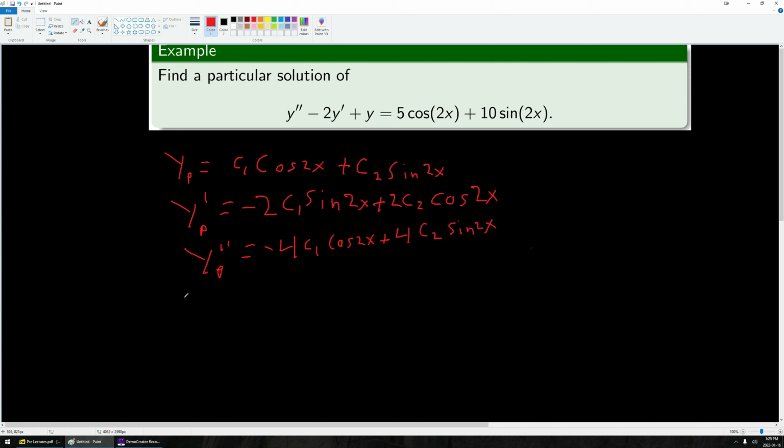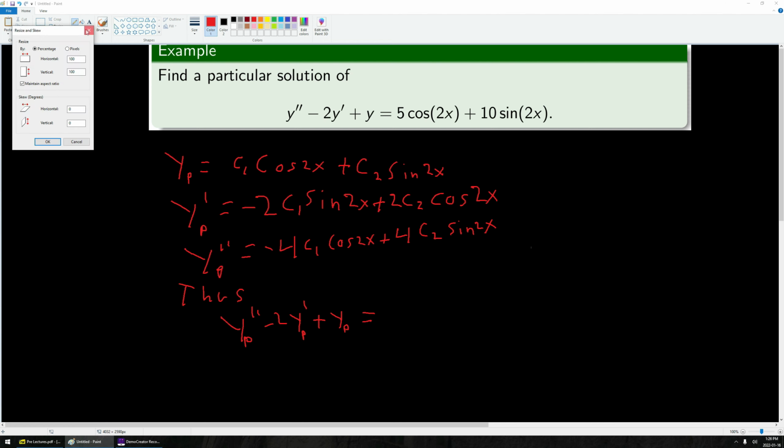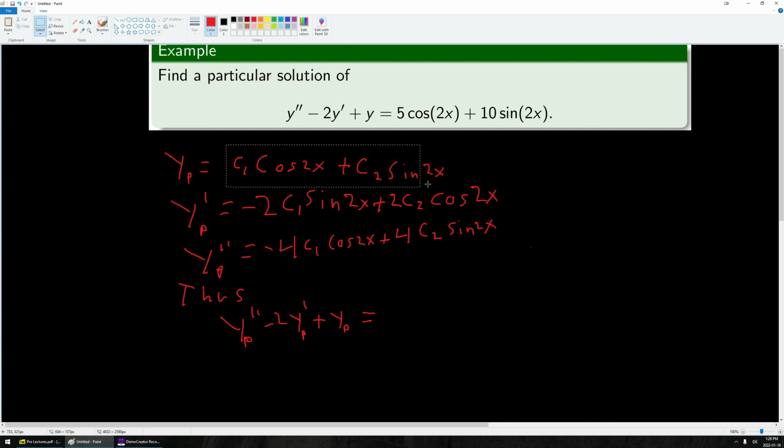Thus, in this equation, my y double prime minus 2y prime plus y, if I plug in my y sub p, what do I get? Well, the first term will simply be this guy here, so we'll just copy him and throw him down here.